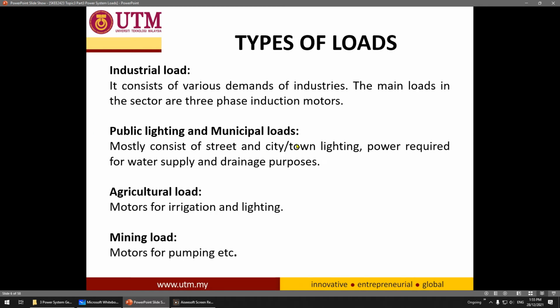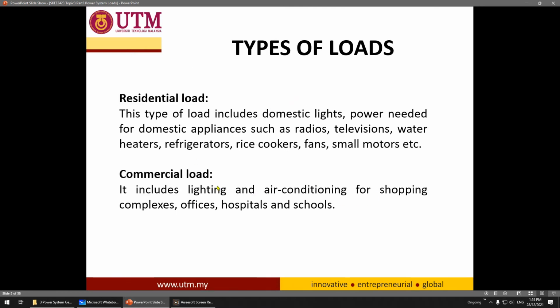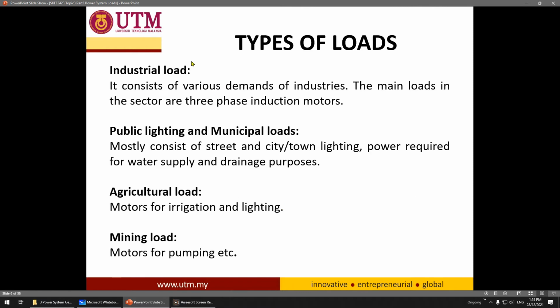Then there is also industrial load, which is much higher power. Commercial is usually much lower, but industry is much more demanding. Mostly for industry you have a 3-phase induction motor, which is the main load for industry.